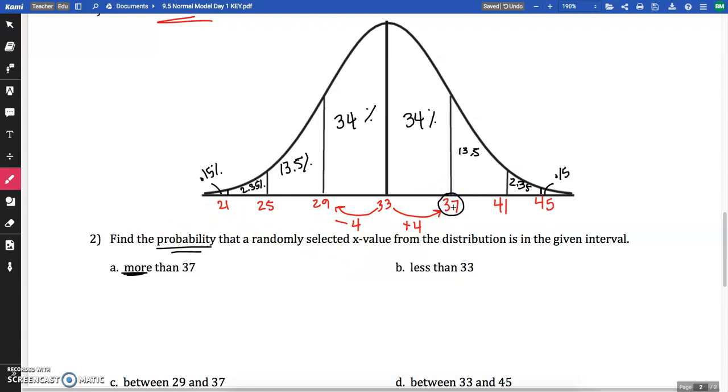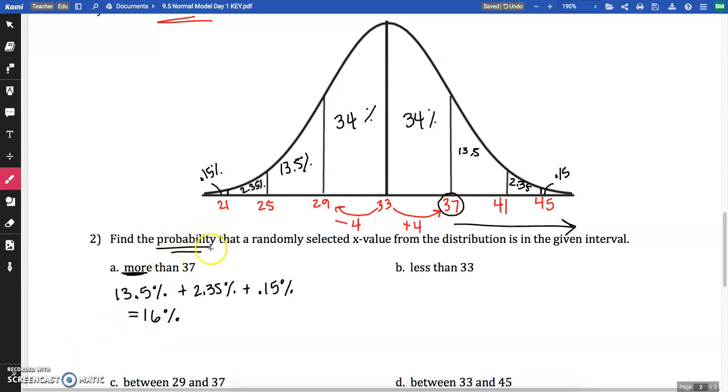Values that are more than 37, meaning the ones in red, those are going to be to the right. So I'm going to add up the percentages that are to the right of 37. So 13.5% plus 2.35% plus 0.15%. Okay, I'm adding the percentages, not the values at the bottom. When I add up those percentages, I get 16%.